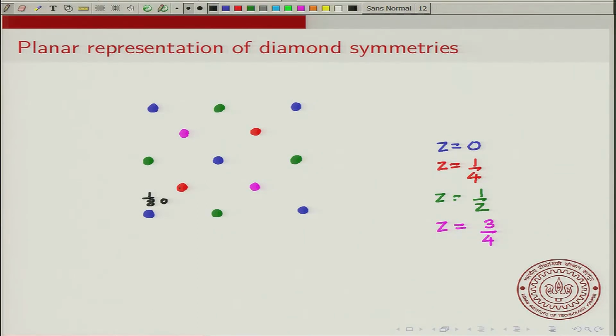Now, it takes a little bit more effort to see the other symmetries. Now, I'll show a location of a 4-fold screw axis. Let me use this color. So there is a 4-fold screw axis that is located right here.